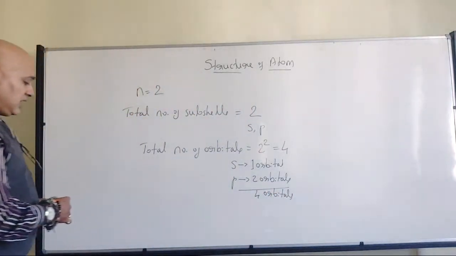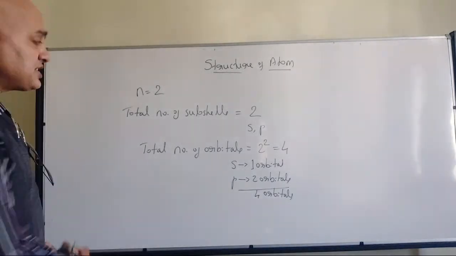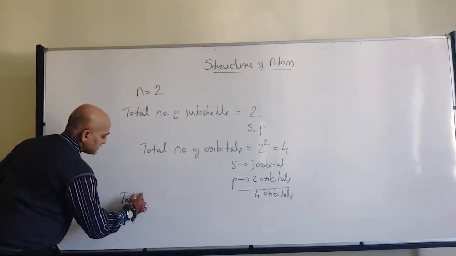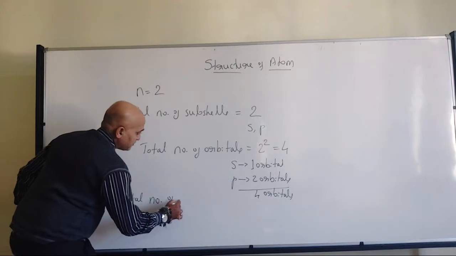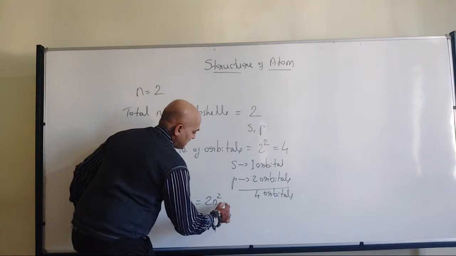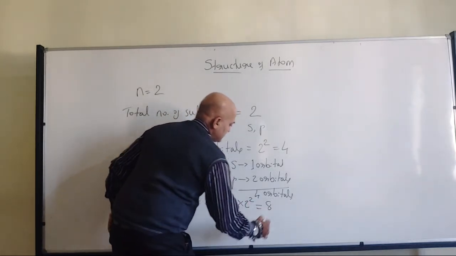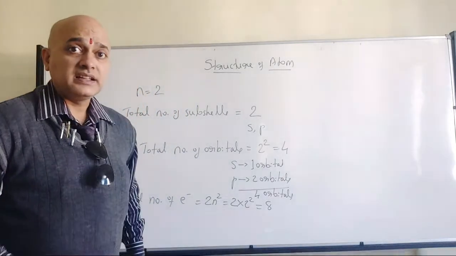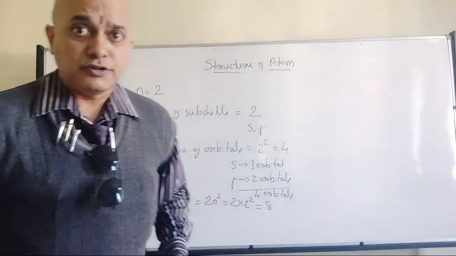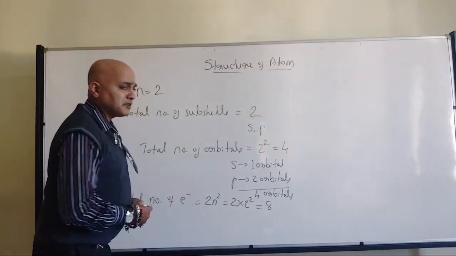Got my point? Next we have to calculate total number of electrons. So total number of electrons will be equal to 2n square, that is 2 into 2 square, that is nothing but 8. So total number of orbitals will be 4 and total number of electrons will be 8.